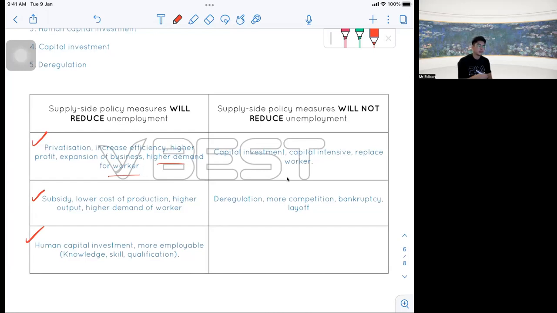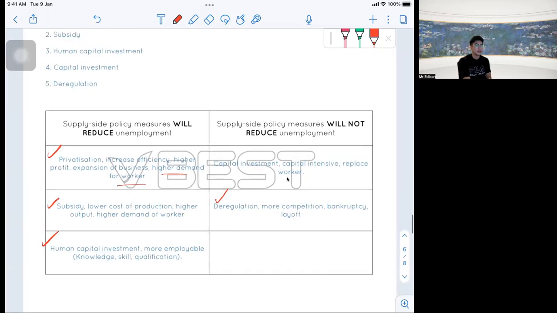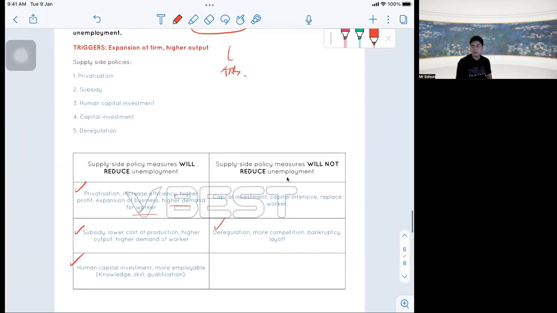You should remember that. Deregulation is about competition. Lesser control, more competition. If the company cannot compete with a foreign company, GG lah, bankrupt. Bankrupt, high unemployment. Do you get it? So, well, it's kind of easy, right? Come take a screenshot of this. Very important, this one.